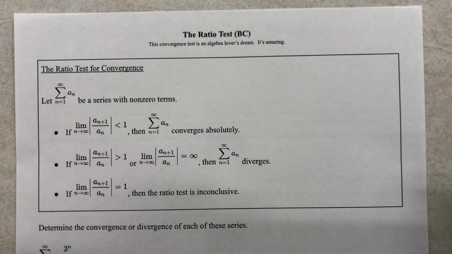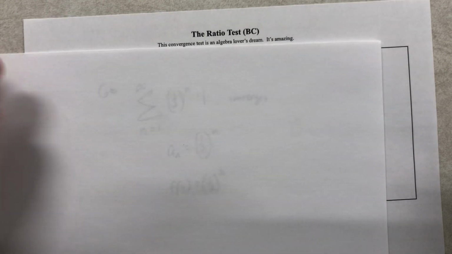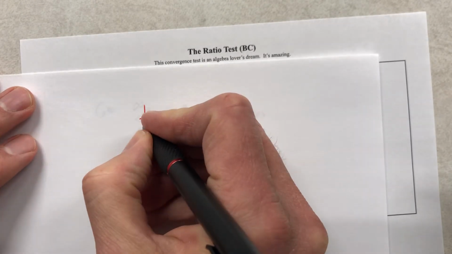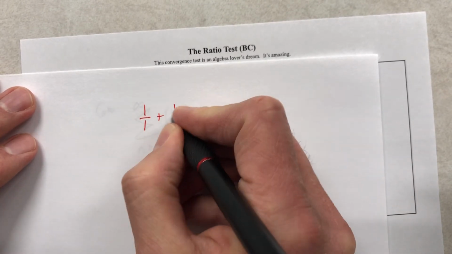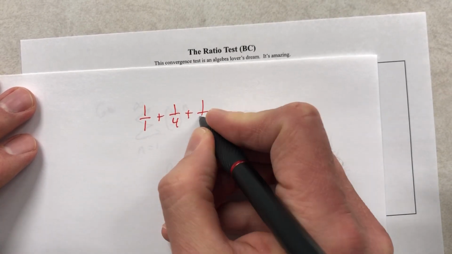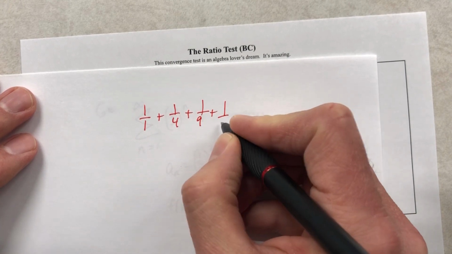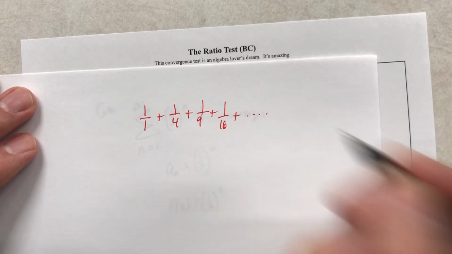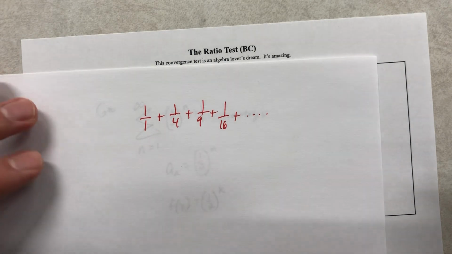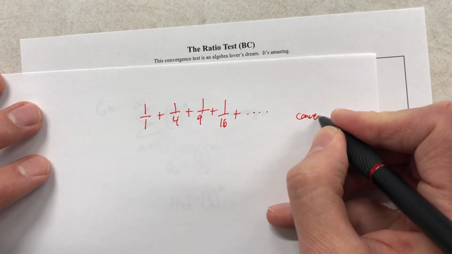But before we get there, I could have a series like this, 1 over 1 plus 1 over 4 plus 1 over 9 plus 1 over 16 plus, and you can get the drift, this is 1 over n squared, right? This is going to converge.